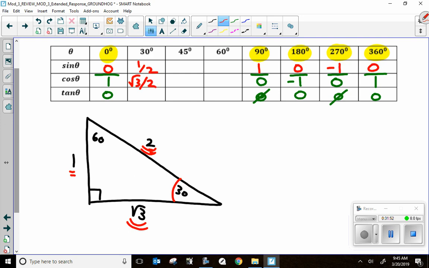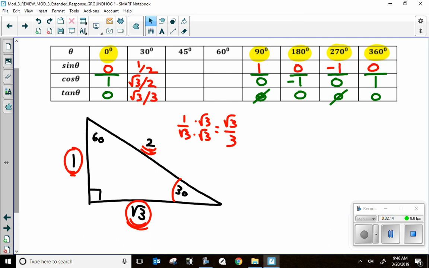And the tangent of 30 is opposite over adjacent. So it's 1 over radical 3, but we'll simplify that. We'll multiply the top and bottom by radical 3, right? So I get radical 3 over 3. So it is opposite over adjacent, which is radical 3 over 3. All right. Now let's do 60.